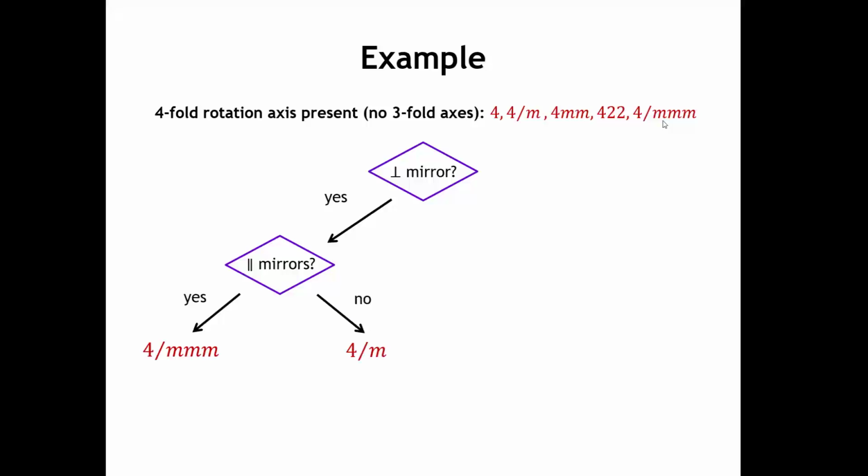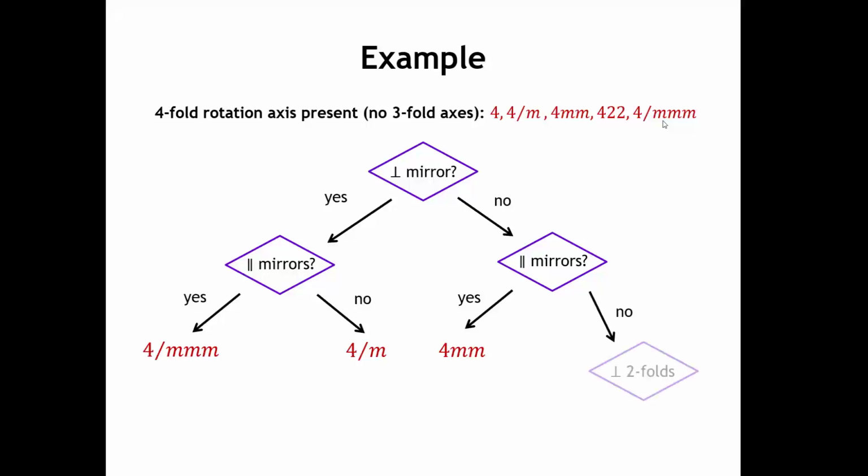If the answer is no, then the point group is just 4 over M. If we come back to the question about the perpendicular mirror and the answer is no, then we ask the same second question. Are there parallel mirror planes? If the answer is yes, then the point group is 4 mm. If the answer is no, we have one more question to ask.